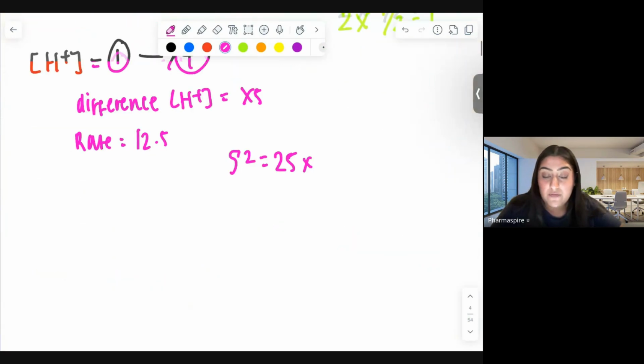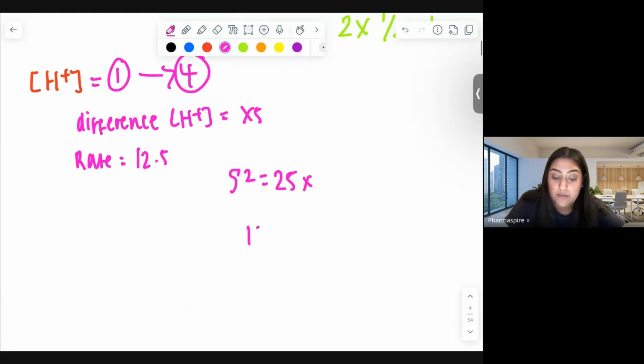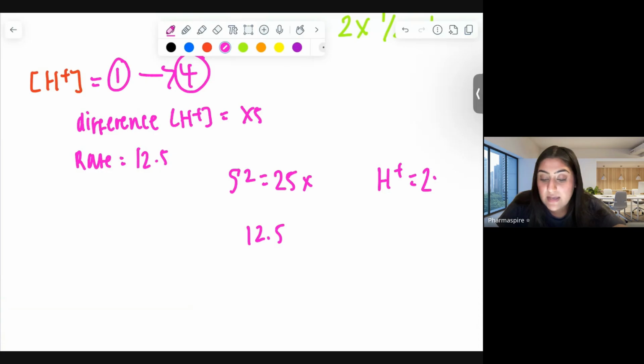So half of 25 is 12.5, which means that H plus is actually second order, but the reason why it's not fully showing as second order is because your BrO3 is halving it, and that's why it's disguising it as something else. Does that make sense? Yeah, cool. Well done, guys. Okay, so we've done the hard parts.